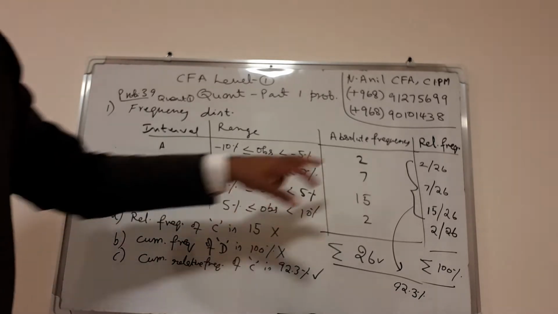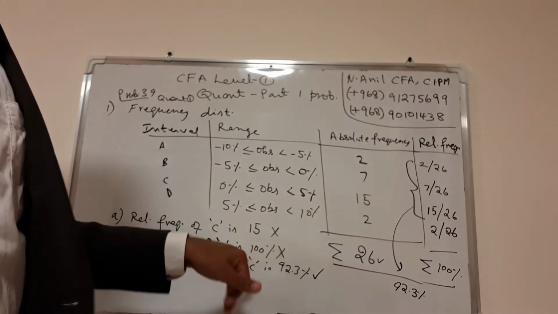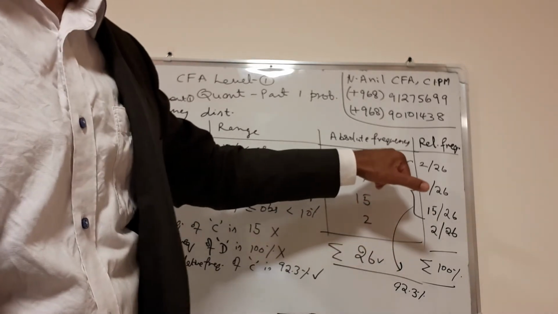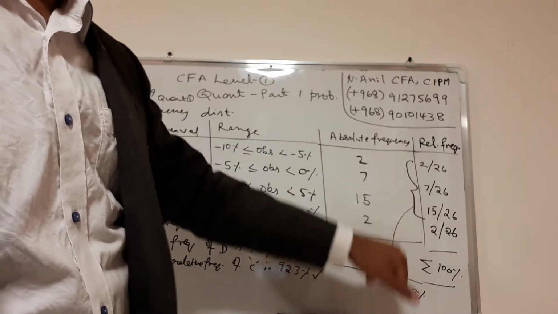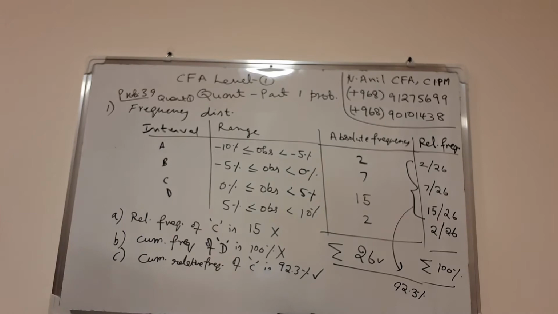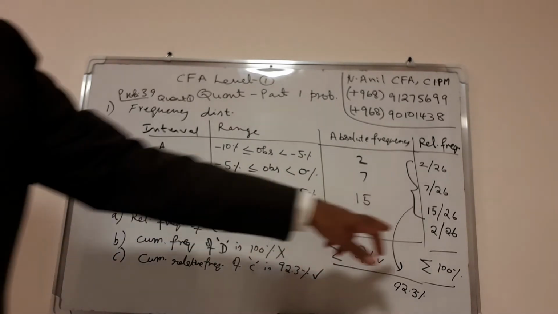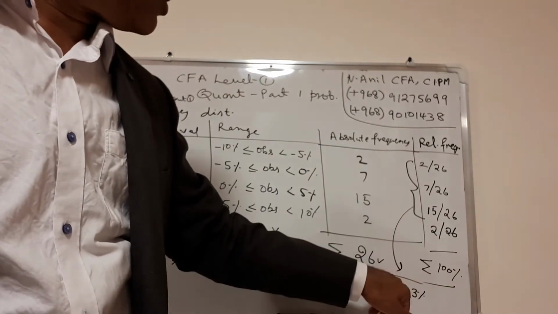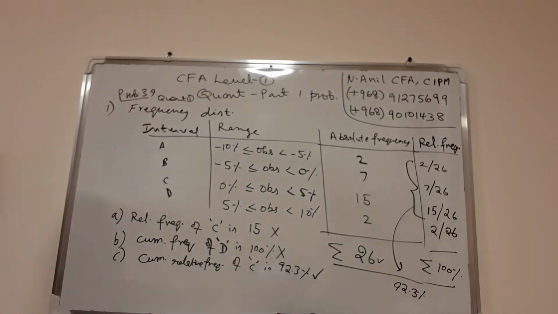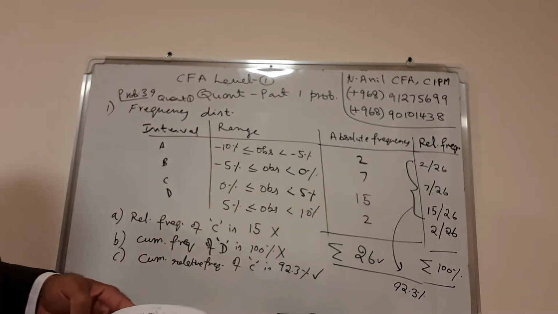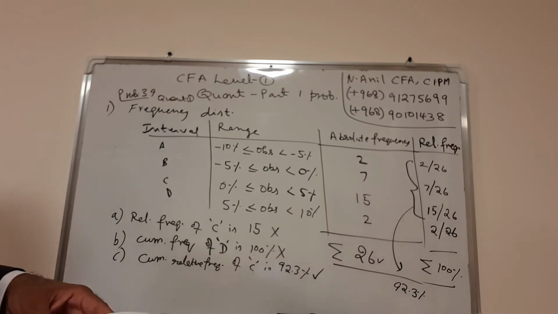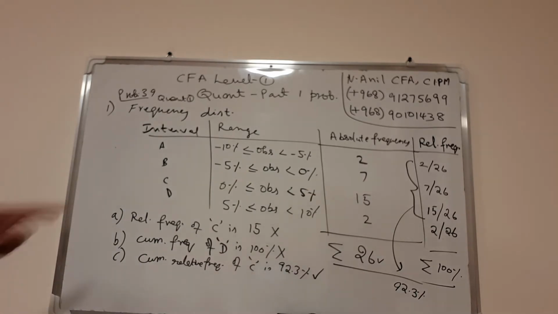Because cumulative means summation, relative frequency till C. So you have to add this, 92.3%. Or from 100%, if you subtract this, that will be 92.3%. So this is how you should work.